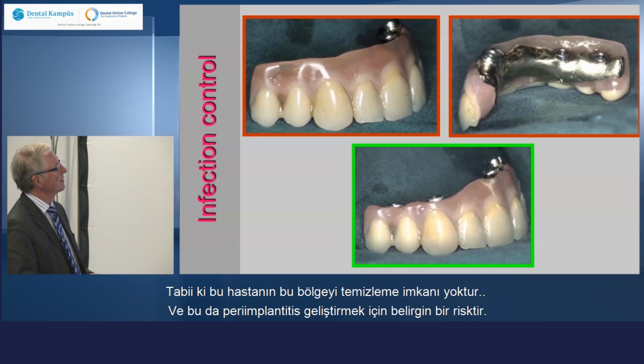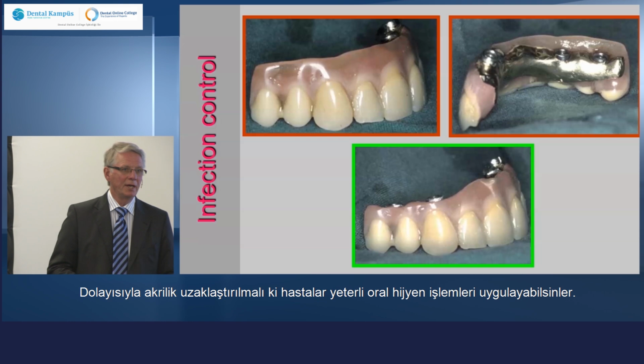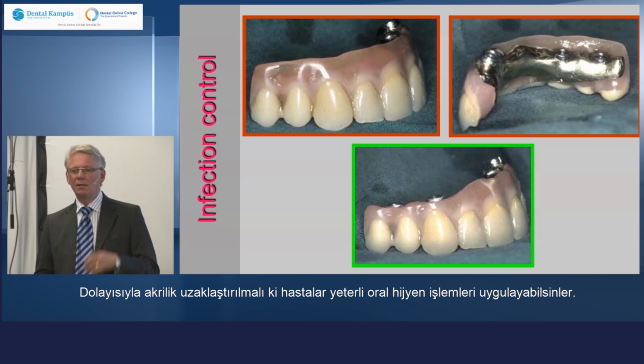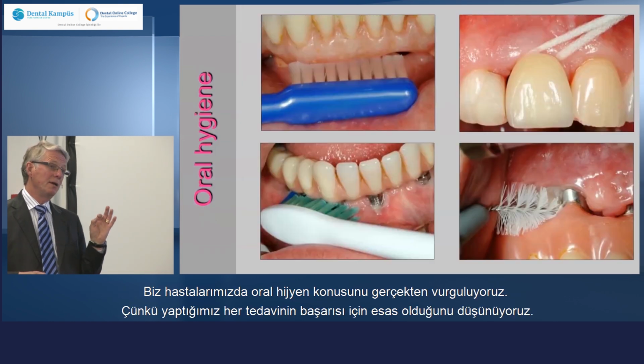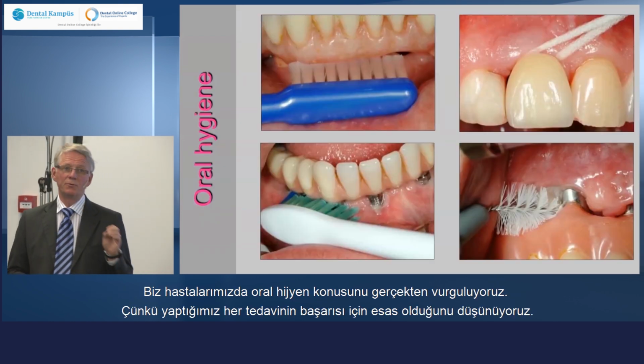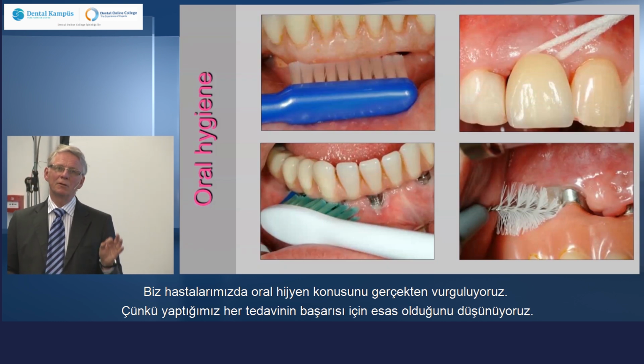This patient is not capable of cleaning in these areas, and it is an obvious risk for developing periimplantitis. So the acrylic has to be taken away, so they can now obtain adequate oral hygiene procedures. We are really reinforcing oral hygiene in our patients because we feel it's fundamental to the success of any treatment we do on these individuals.